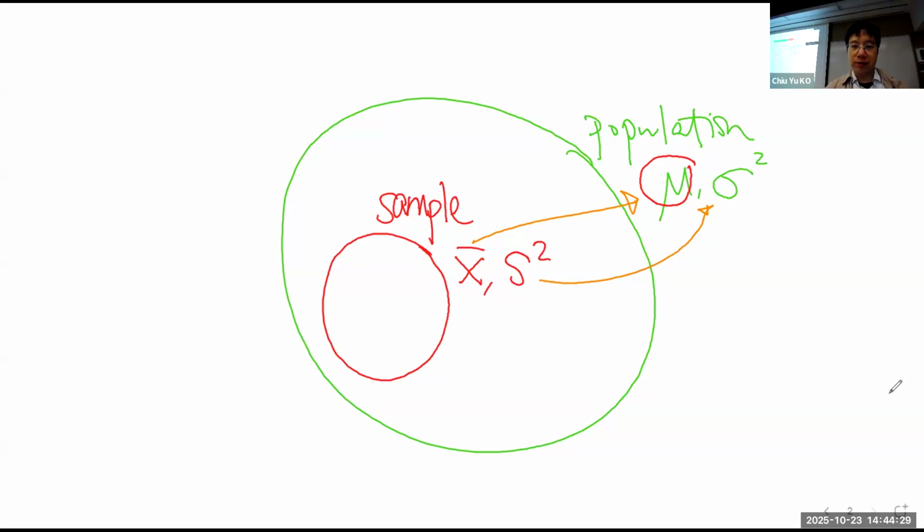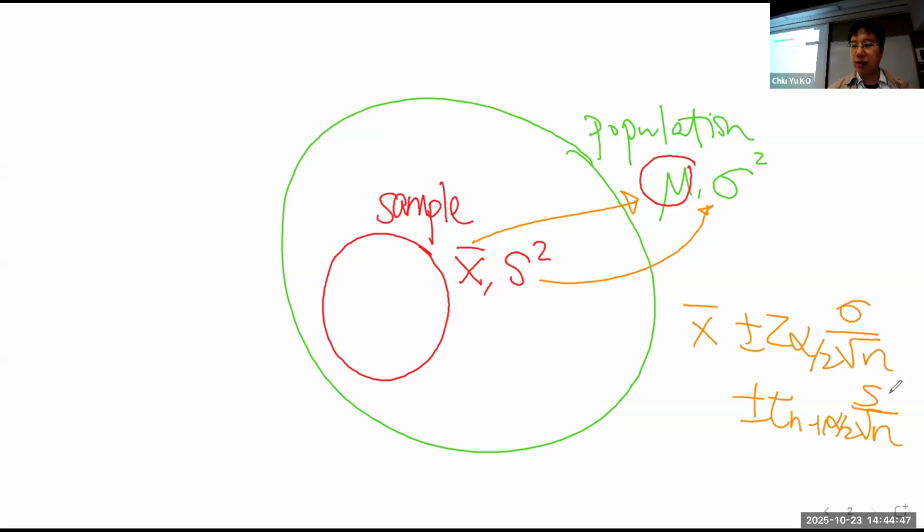We also learned the interval estimator: X bar plus minus Z alpha over 2, sigma over root n, if you know sigma. Otherwise it will be t with n minus 1 degrees of freedom, alpha over 2, S over root n. Either way you will be getting what we want.